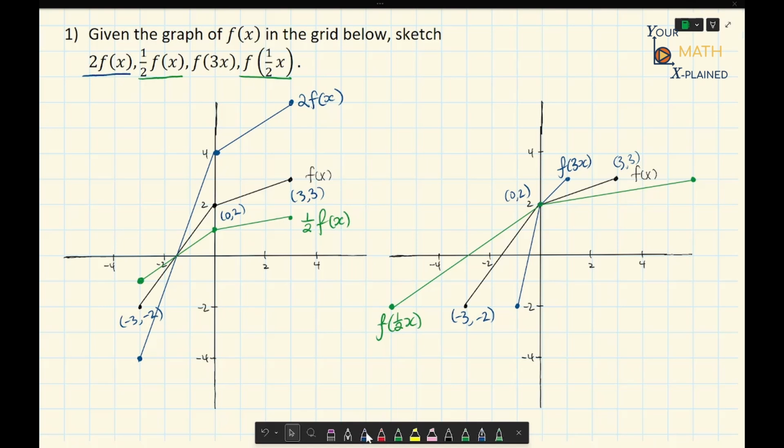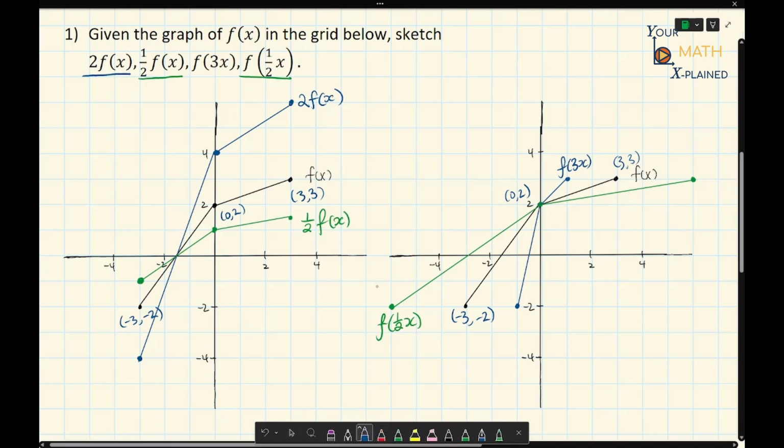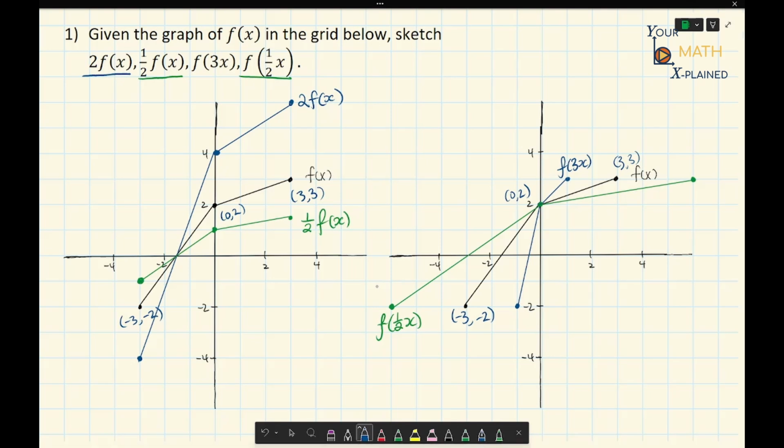So when we're talking about expansion and compression, the number that is attached is always going to be greater than 1. So for example, if we're talking about 2f(x), that is going to be an expansion by a factor of 2. And if we're talking about 1/2 f(x), we say that is a compression by a factor of 2. That is because expansion and compression already has the direction built in.